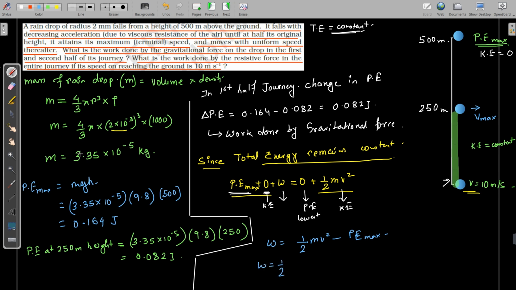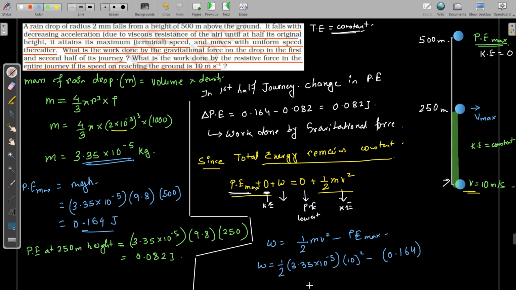Half mv square. Mass we have 3.35 times 10 to the power minus 5, v we have 10 square, minus the potential energy at maximum height, 0.164.